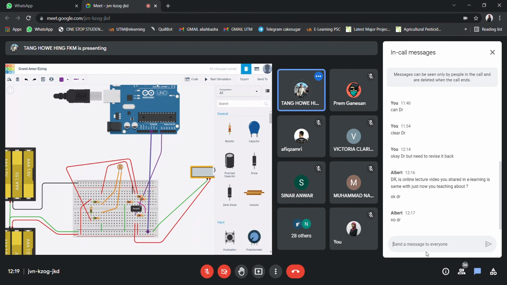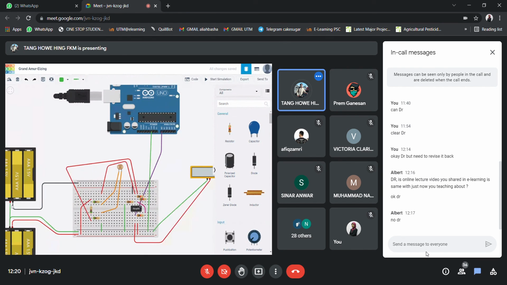We need to common ground the power supply in this Uno with the battery. But there is one issue, that this common ground is also connected to another battery, which is with the positive. And therefore, this is the part that I am not really sure whether we can do that.